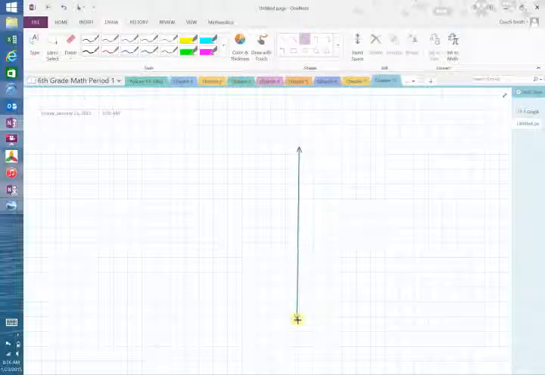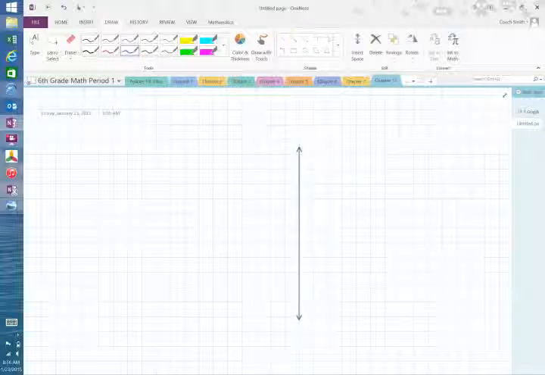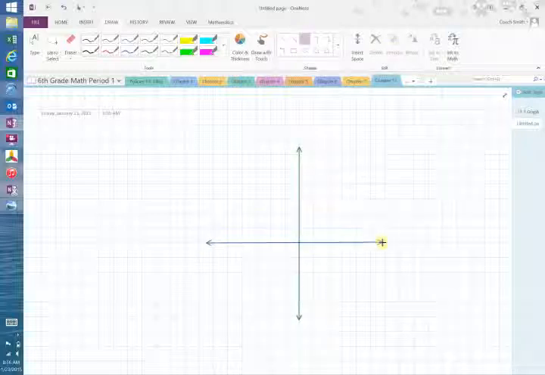All right. I'm going to draw me an axis here. Let me change colors and then get it.